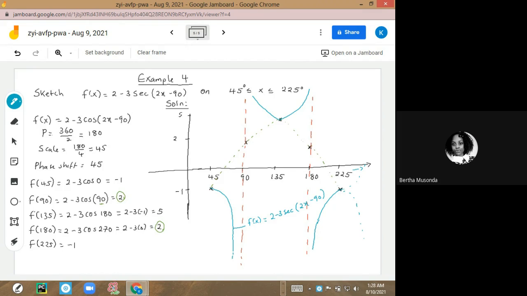So what if we were told to find, let's say, the domain and the range? How can you go about it? For the domain you'd remove the asymptotes.